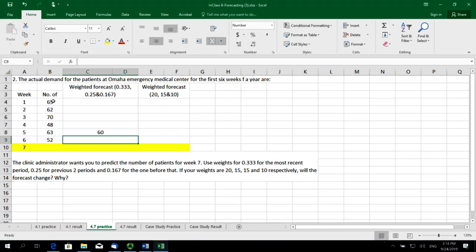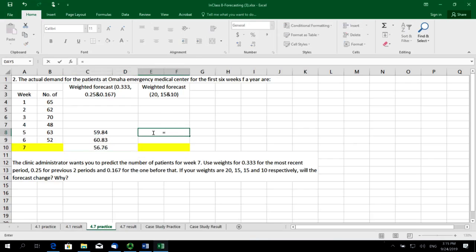So using the weight forecast, you find week 7 is 56.76, about 57 patients.